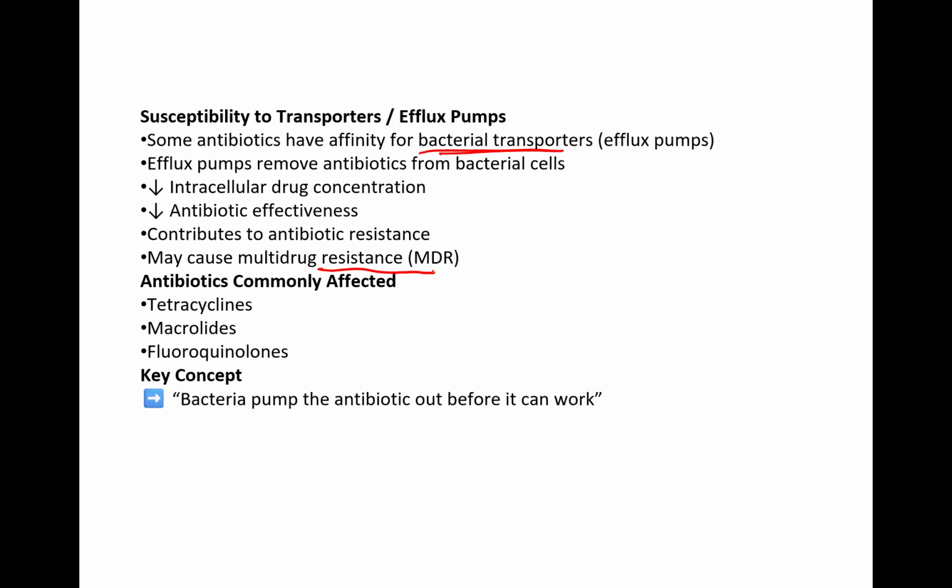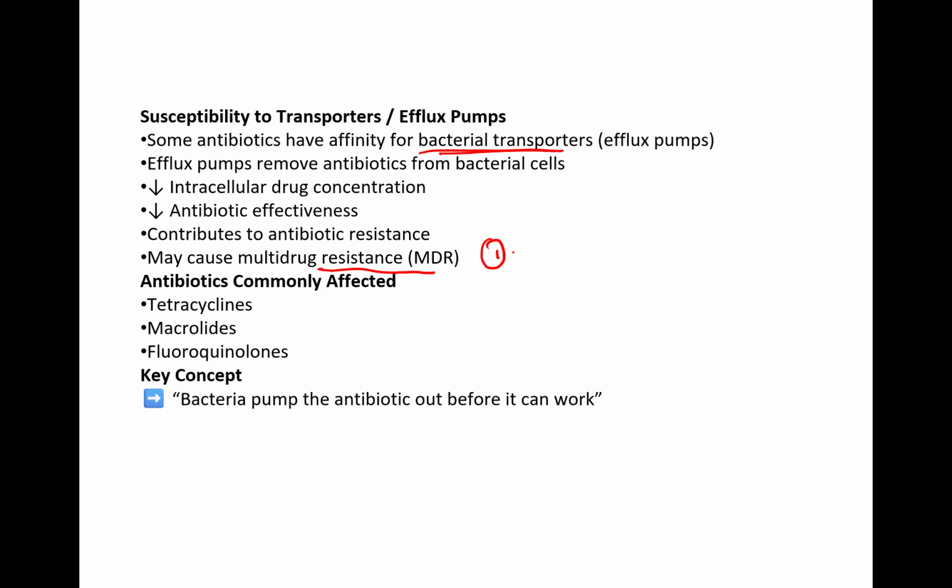This is one of many causes of drug resistance. One of the causes is the action of efflux pumps. The efflux pump removes antibiotic from the bacterial cell, so there is less antibiotic to give an effect, hence causing resistance.